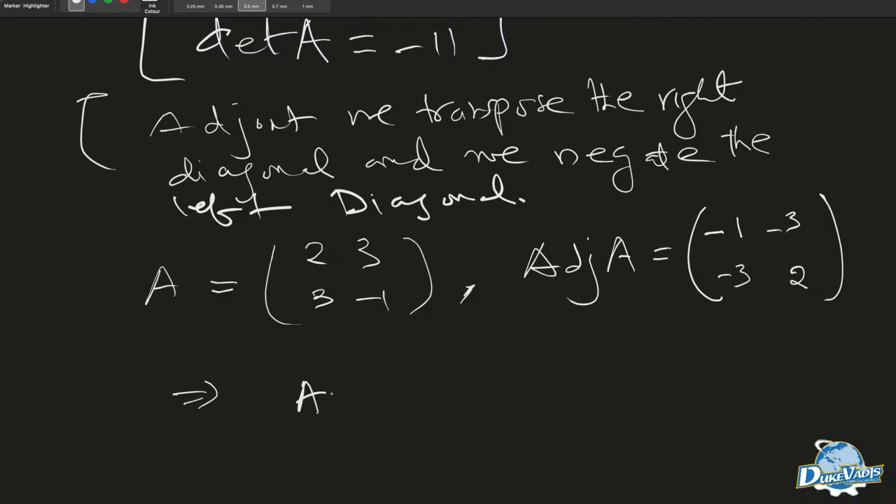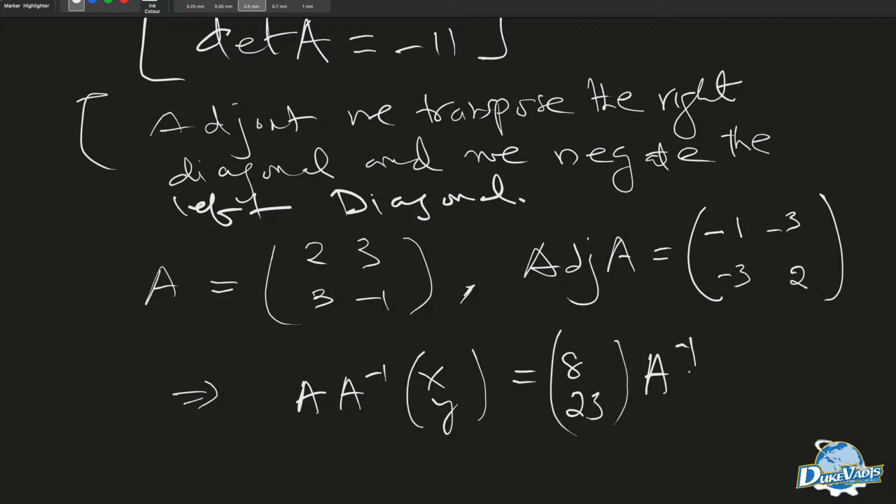Since we have A times A inverse, this one goes down to be the identity matrix. So we multiply the identity matrix by xy and 8, 3 with A inverse.